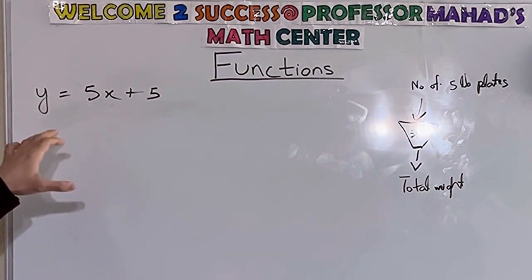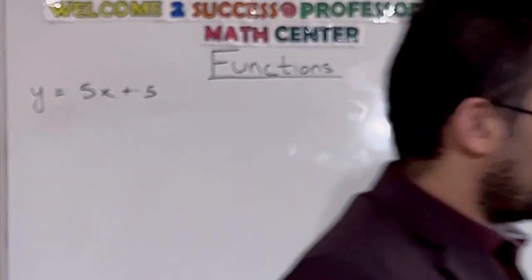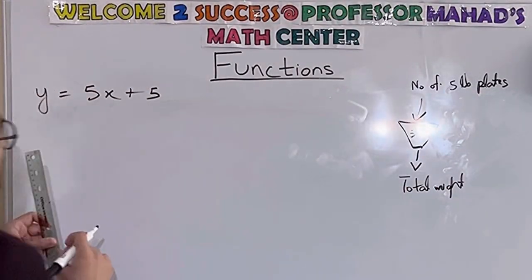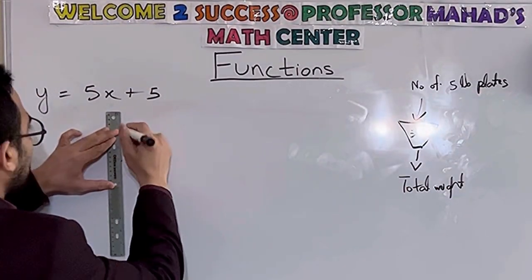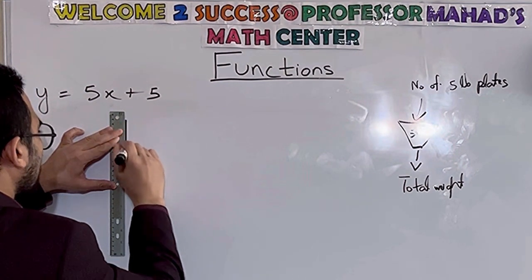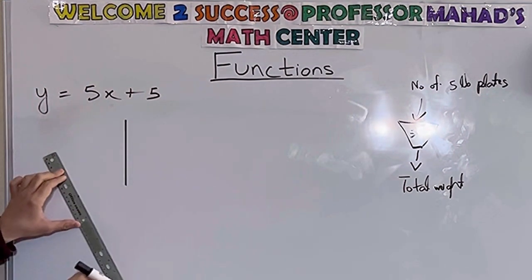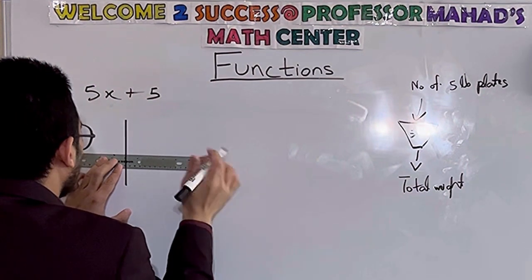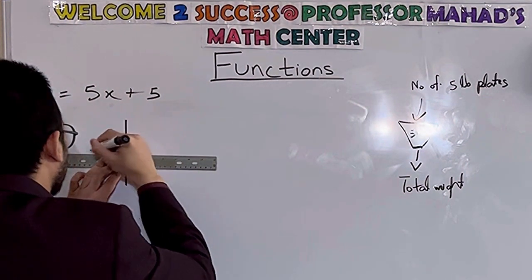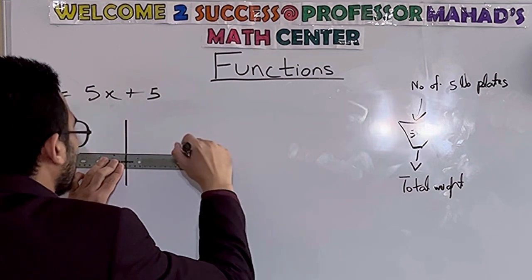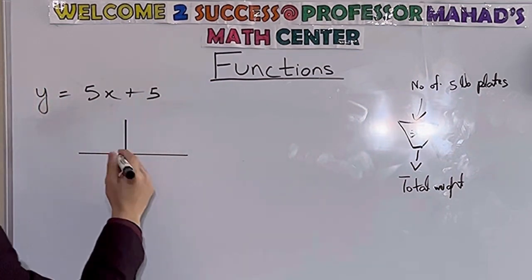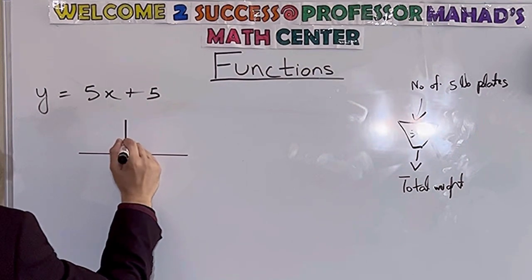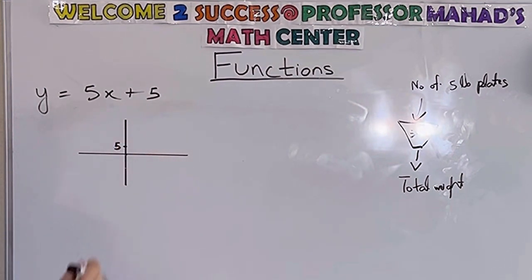So let me draw this. So at 0 plates, the weight was 5 pounds, right?